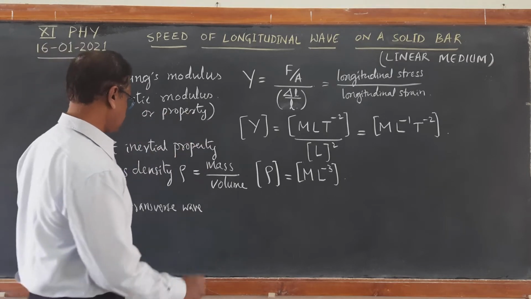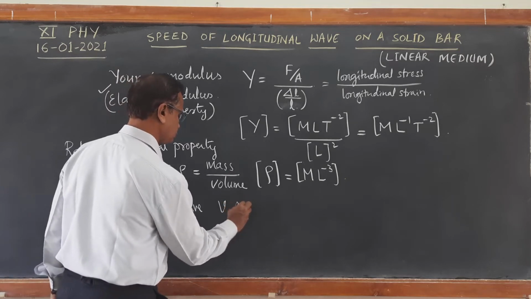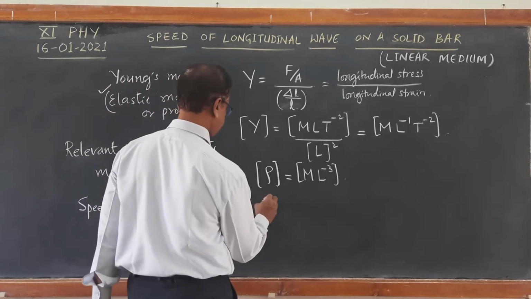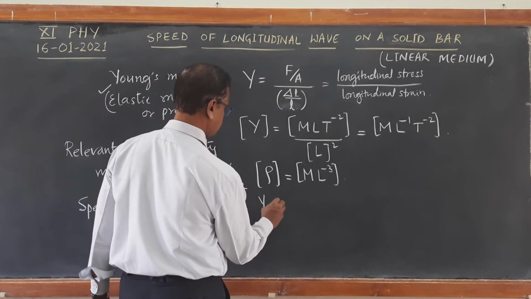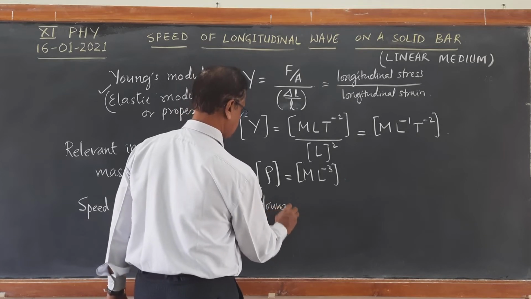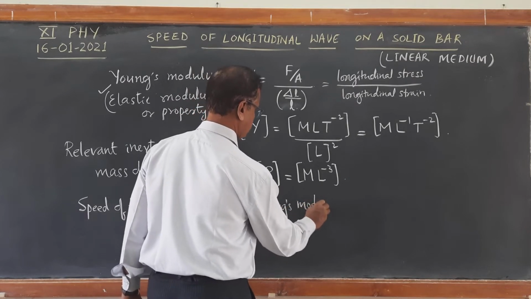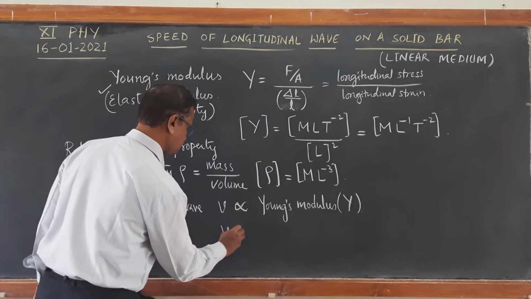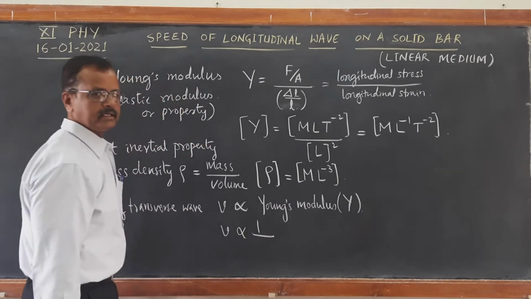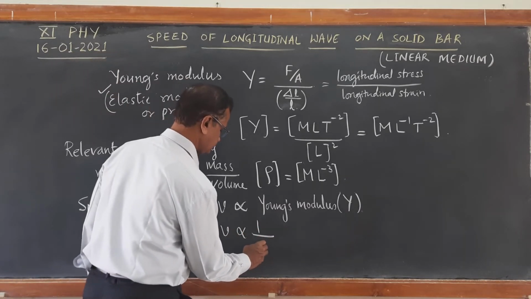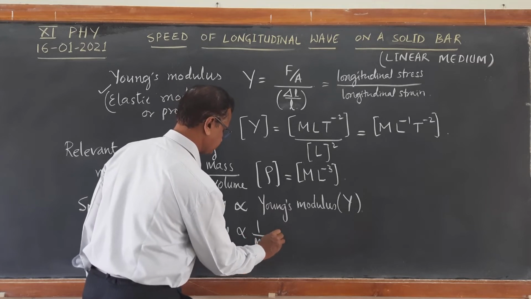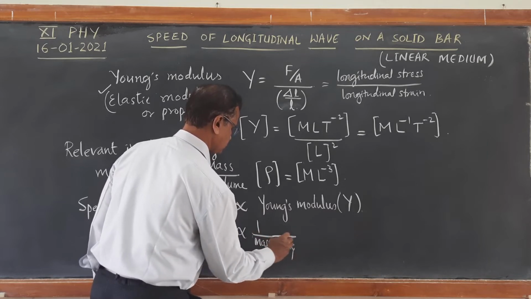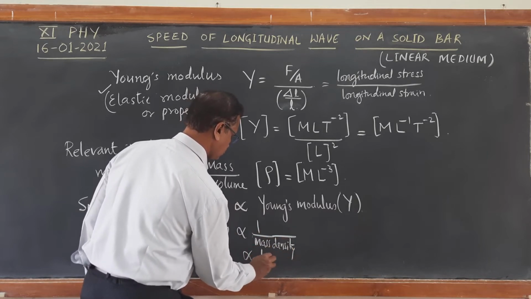In such a case, it is found to be directly proportional to the Young's modulus, the elastic property, and it is inversely proportional to the mass density, that is inversely proportional to rho.